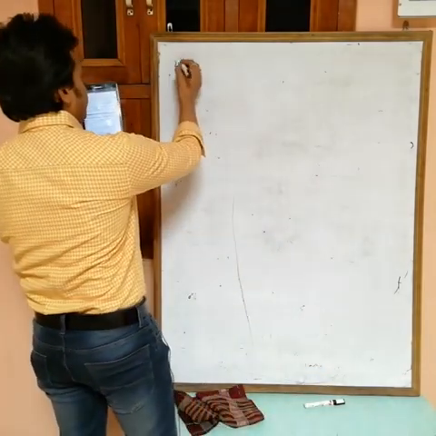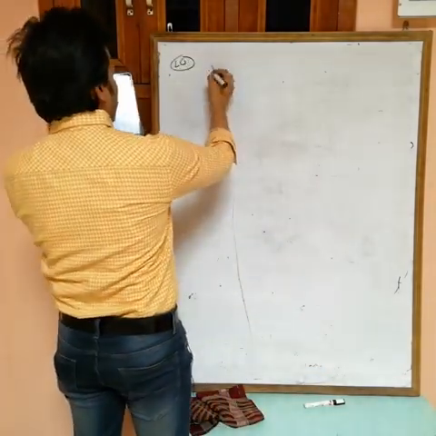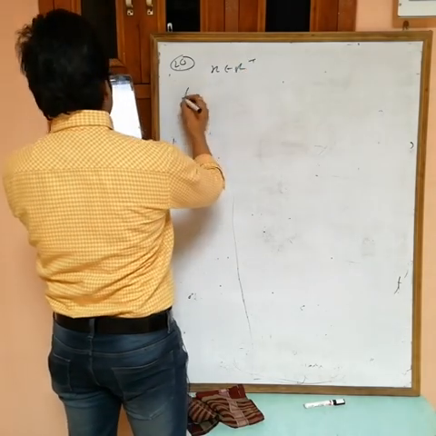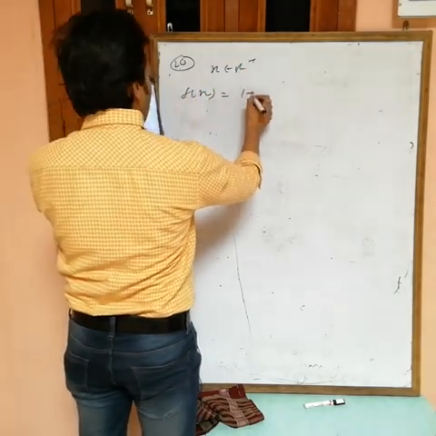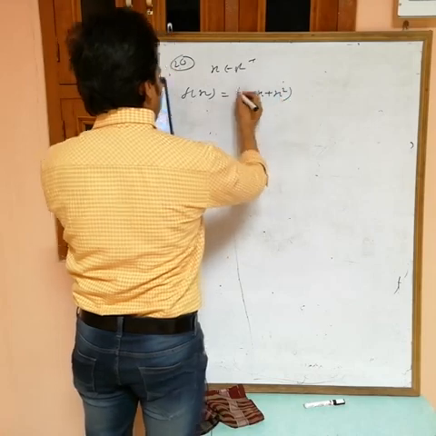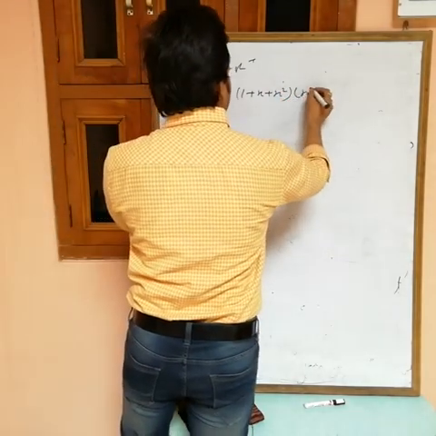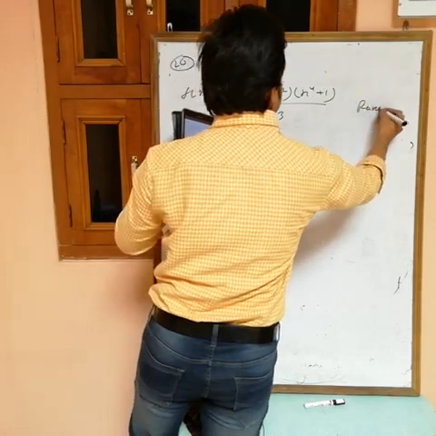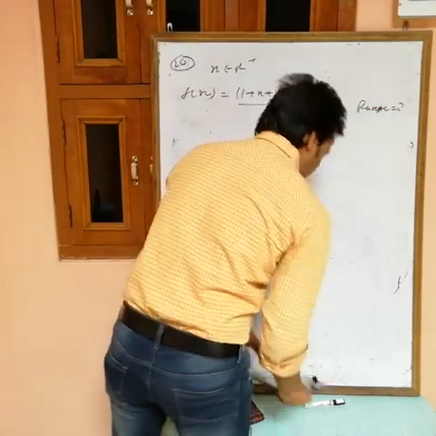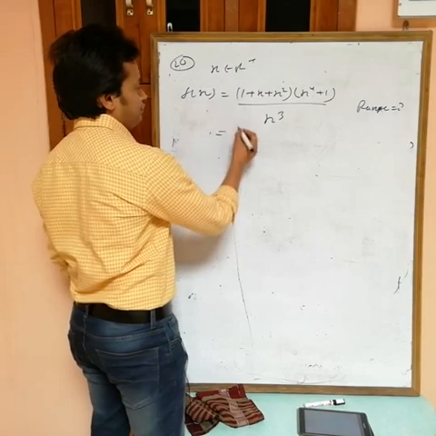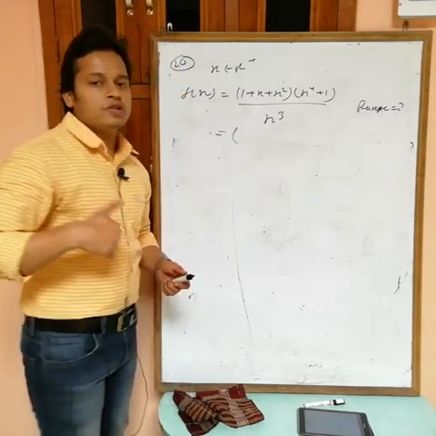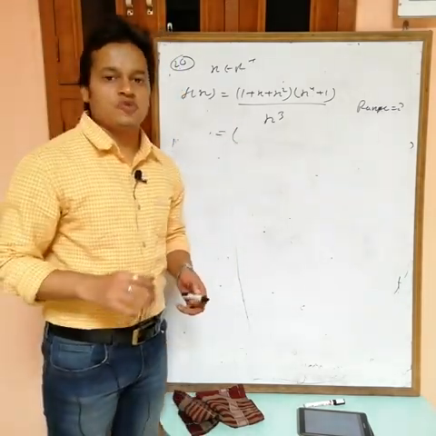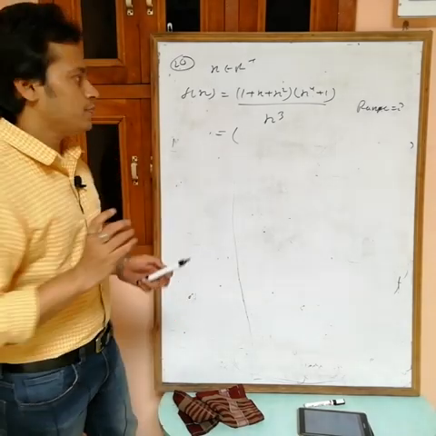Now 20th: x belongs to R plus and f x equals 1 plus x square, x power 4 plus 1 by x cube, and we want the range. Now see, I can convert this in terms of x plus 1 by x. First I am converting this in terms of x plus 1 by x.